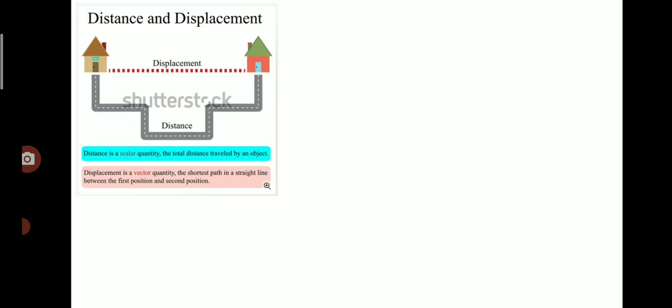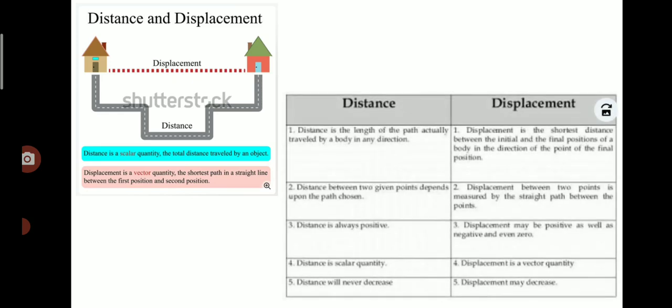Let us see the differentiations. Distance is the length of the path actually traveled by a body in any direction, while displacement is the shortest distance between the initial and the final position of a body in the direction of the point of final position. So this is the fundamental difference between distance and displacement.